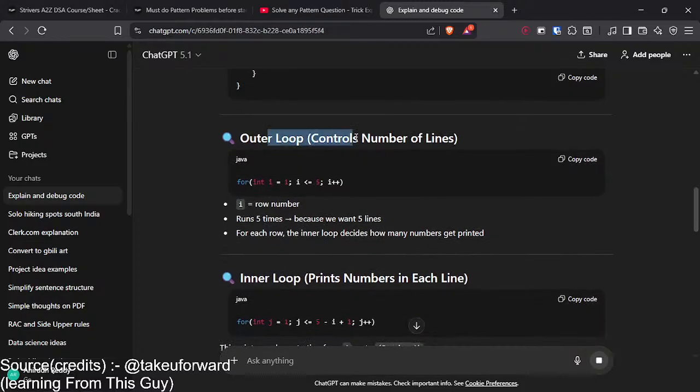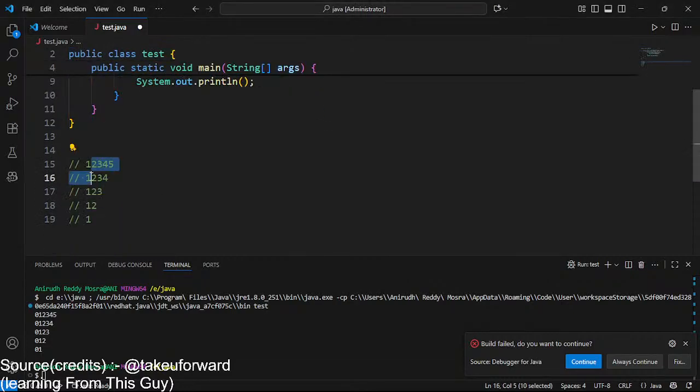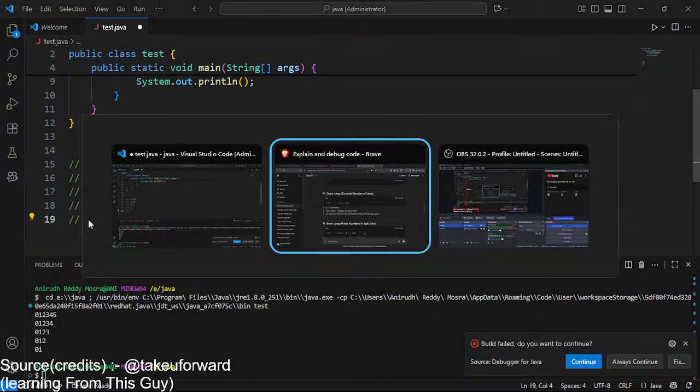First outer loop controls the number of lines. 1, 2, 3, 4, 5. 5 lines. Okay, then it's correct.